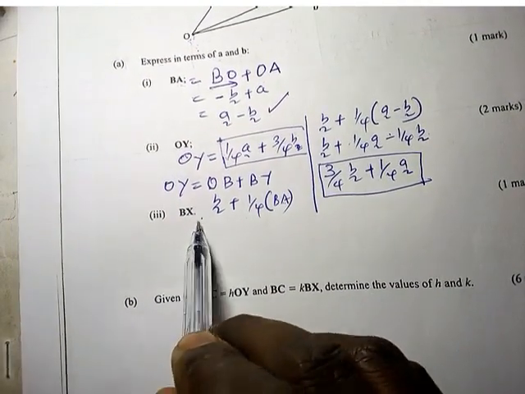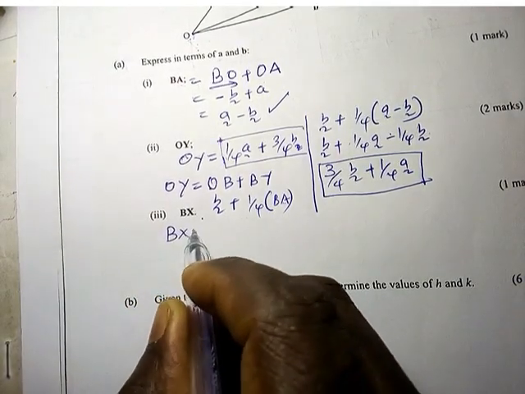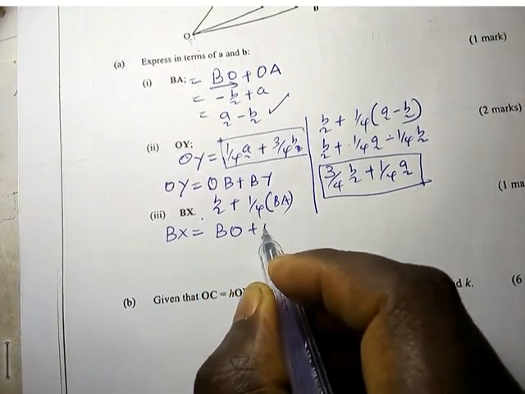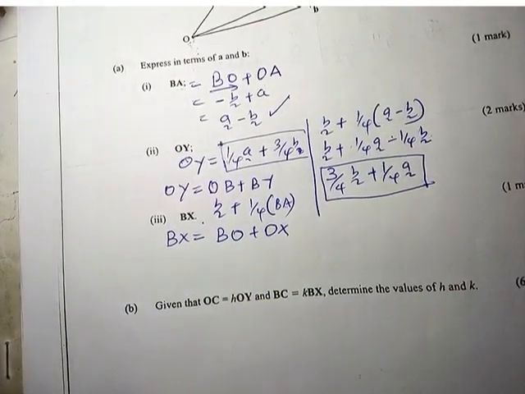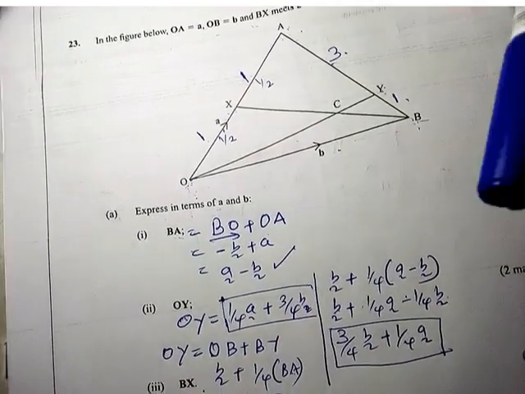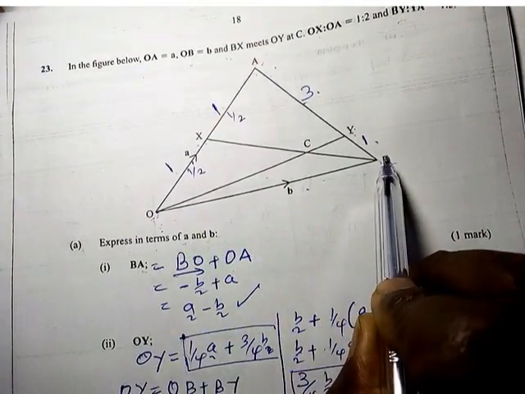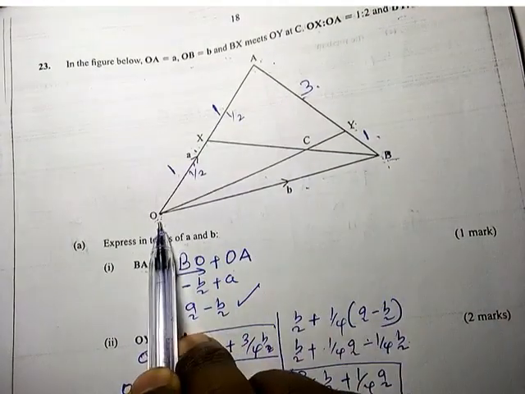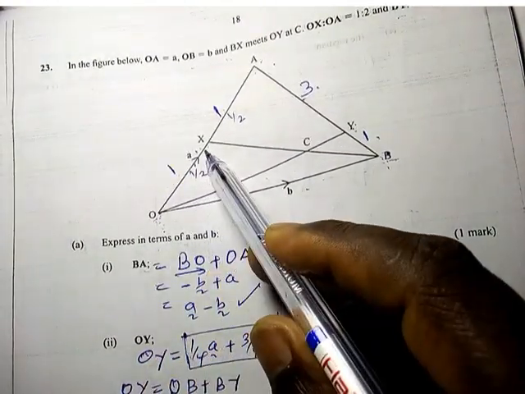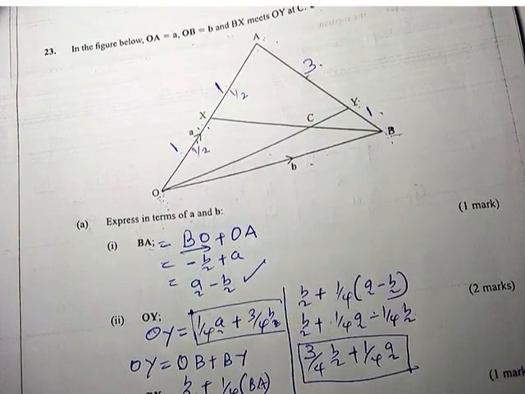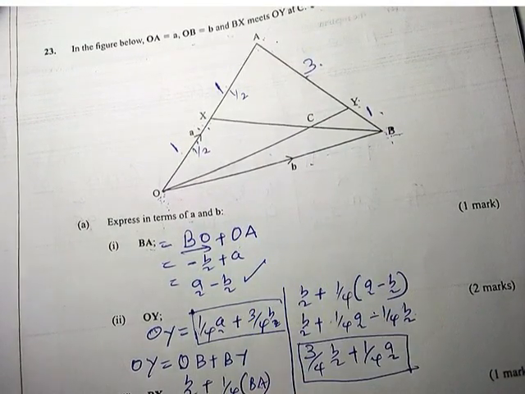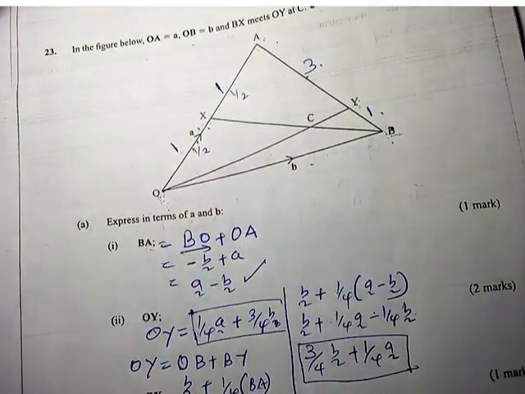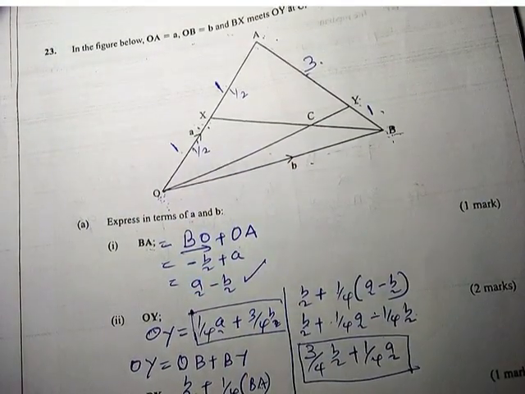BX is equal to BO plus OX. Now let us go to the bottom. BX is equal to BO plus OX, we are at B. And that is negative vector B plus, from here to here it is a half A. It is as simple as that.